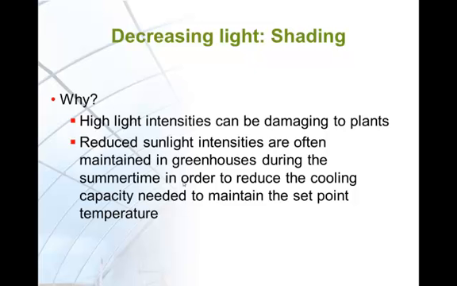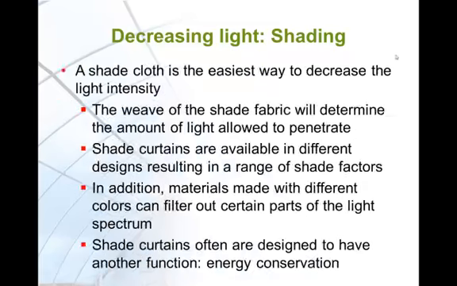And in most cases, you use shading. Putting shade cloths either internally or externally of the greenhouse system is the easiest way to decrease the overall light intensity. And there are multiple shading percentages available for shade cloth used for greenhouse controlled environments.